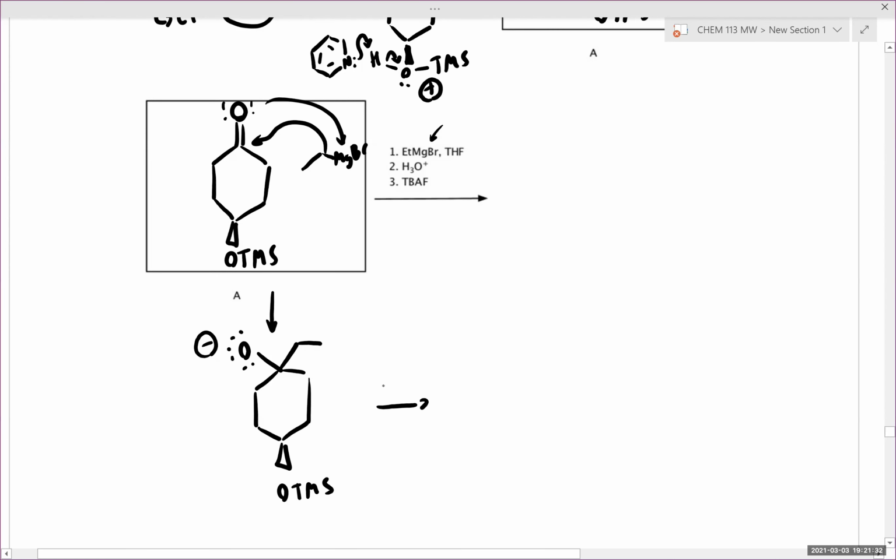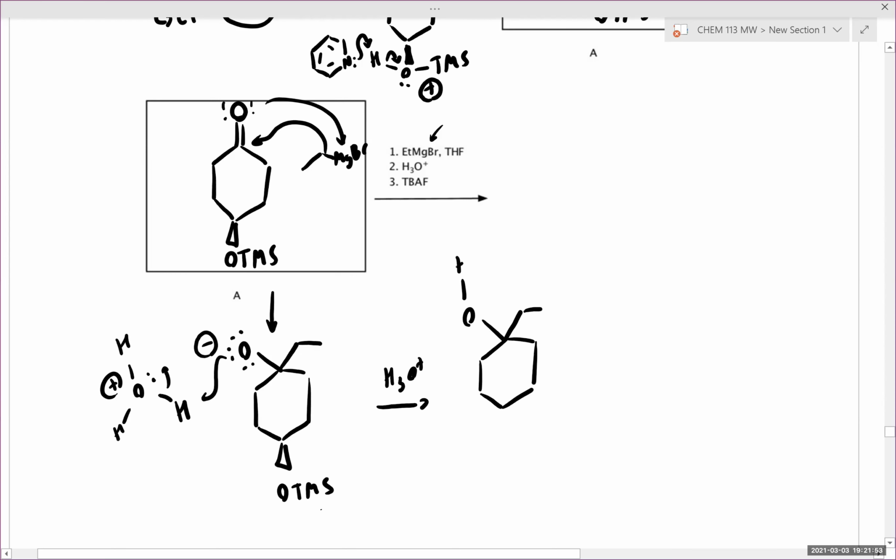And then in our second step, when we treat with H3O+, it's likely that during the acidic quench step, if you use a strong enough acid, you would be able to also deprotect this silyl protecting group. So the TBAF step is somewhat unnecessary.